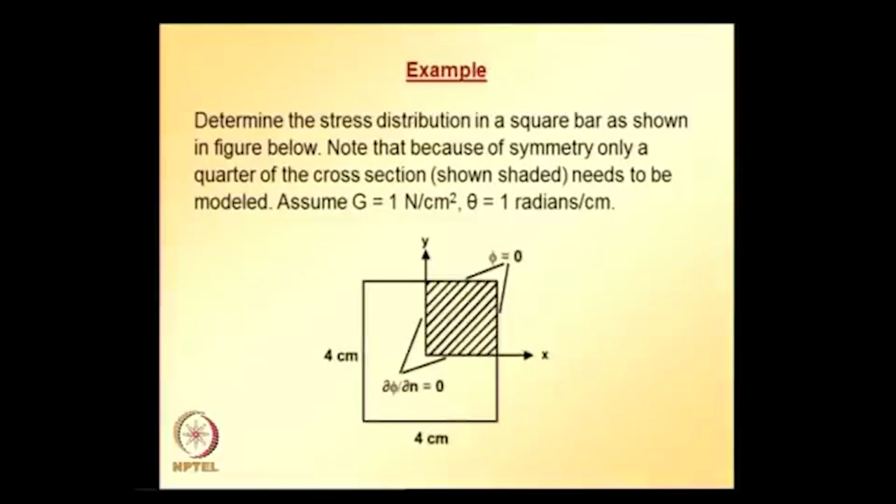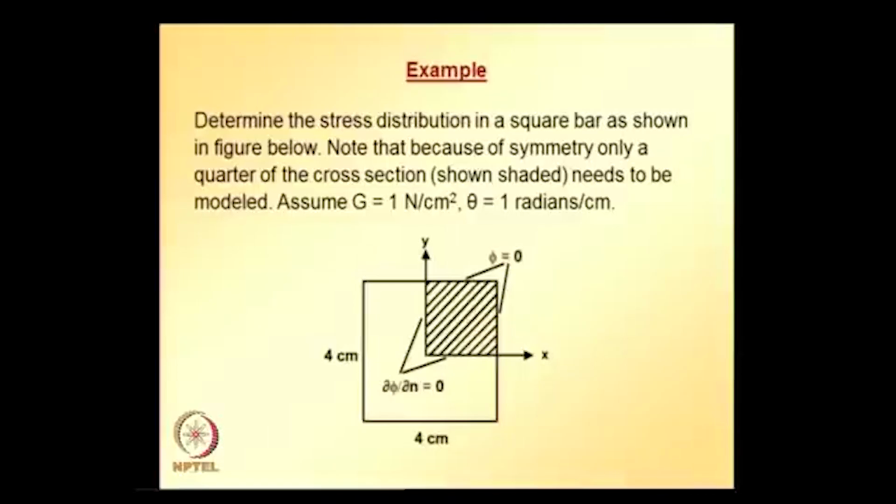And we can notice that there is symmetry. So, because of symmetry only a quarter of this cross section needs to be modeled. The corresponding values of shear modulus and also angle of twist are given here in the problem statement.